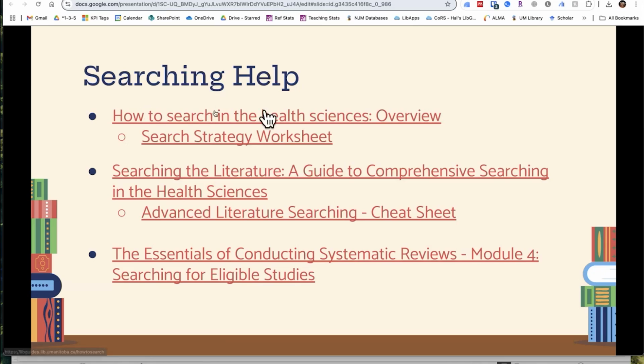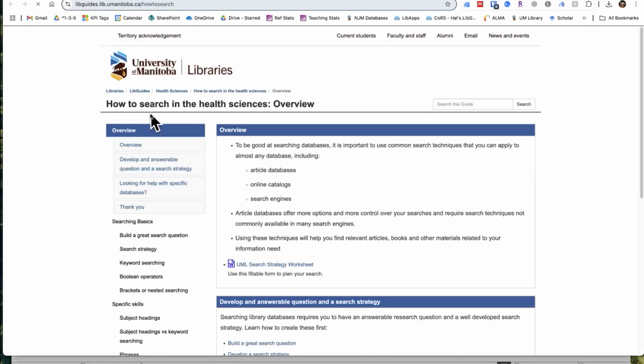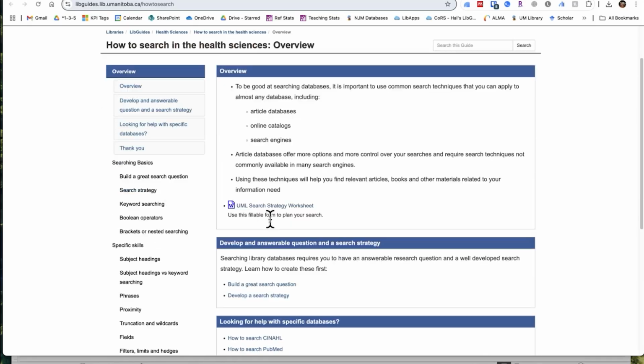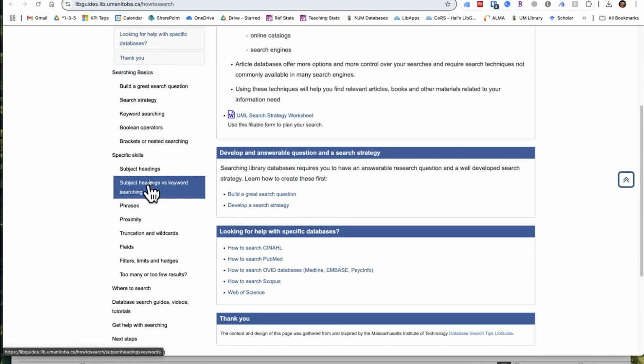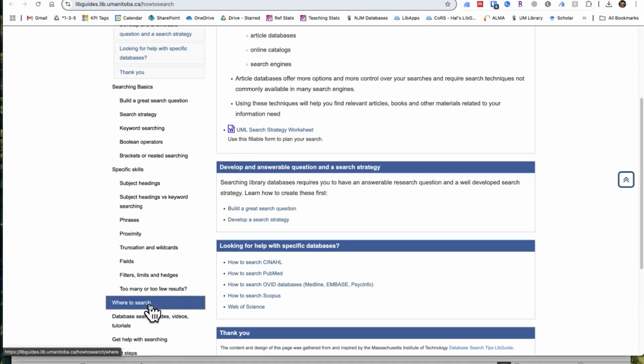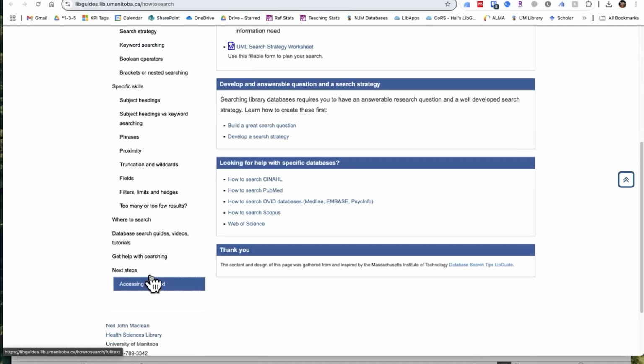This one is a more basic one from my institution, on how to search in the health sciences. What I really like about it is this search strategy worksheet. You can download that. That will help walk you through everything that we're going to talk about today. You can see different kinds of searching aspects, specific skills, where to search, all of that kind of thing.